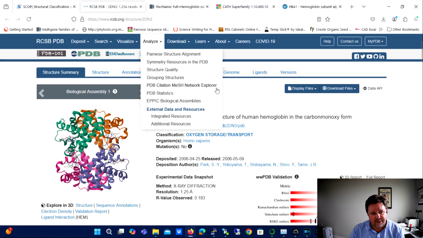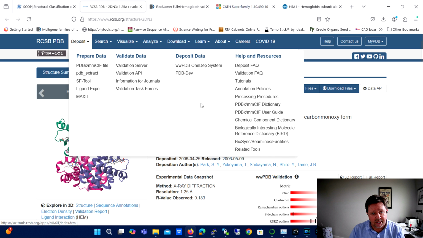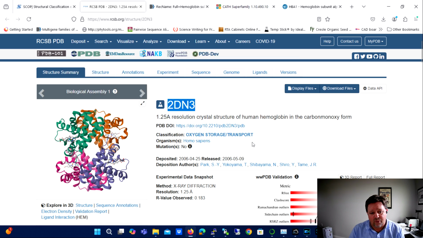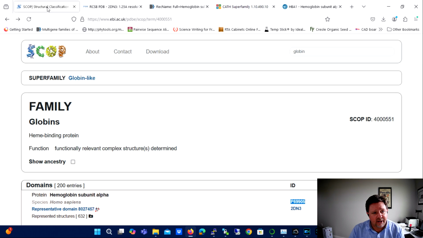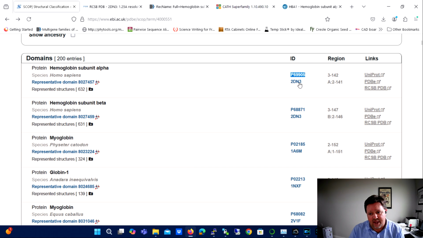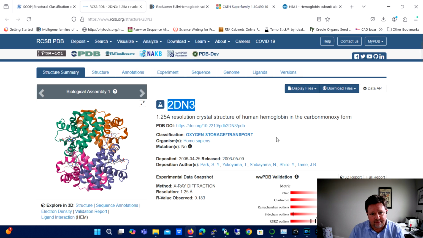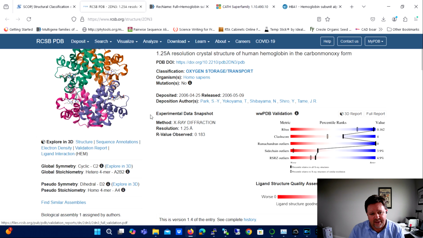Okay, another database is the Protein Data Bank, PDB. And what this has in it is the actual structural data. So every domain in the SCOPe database is going to have a PDB identifier. Okay, and it's going to link to the Protein Data Bank. And that's going to actually have the structural data. So if you wanted to start comparing proteins based on their actual structure, there are some options out there.